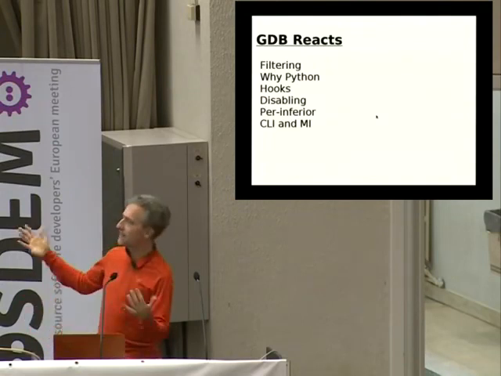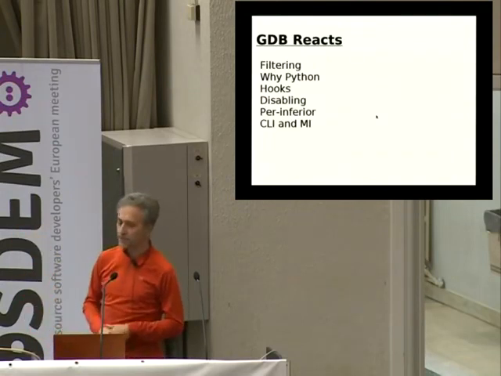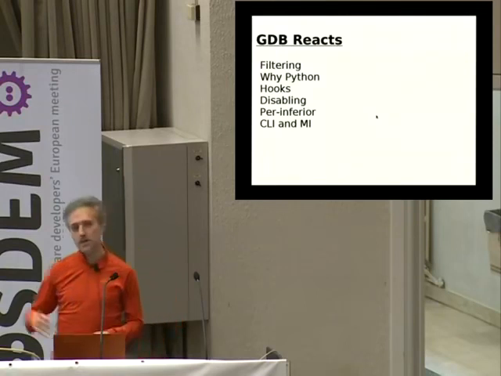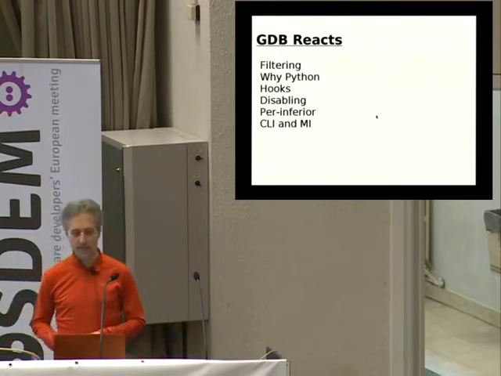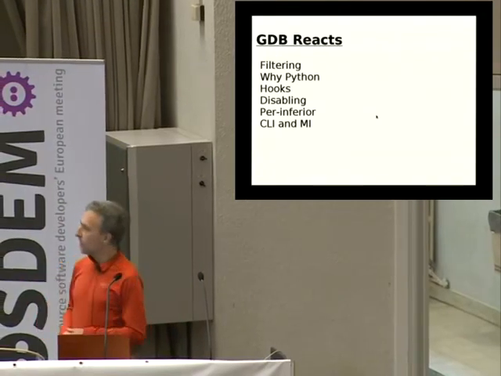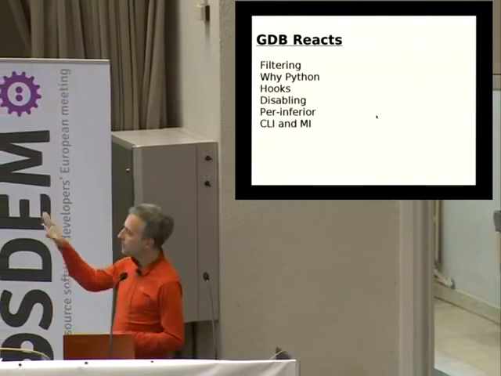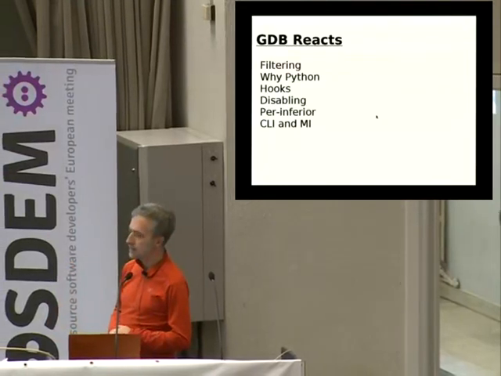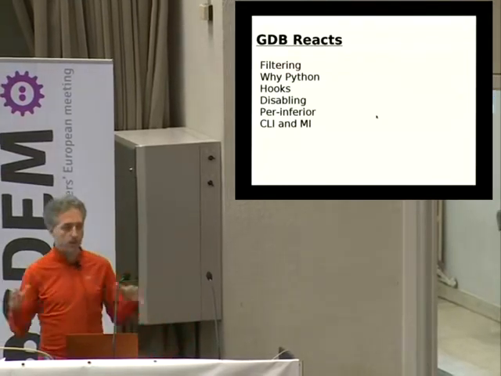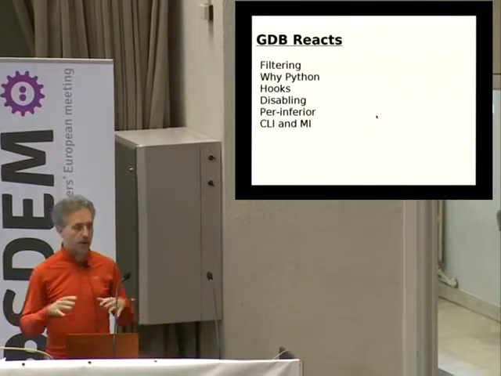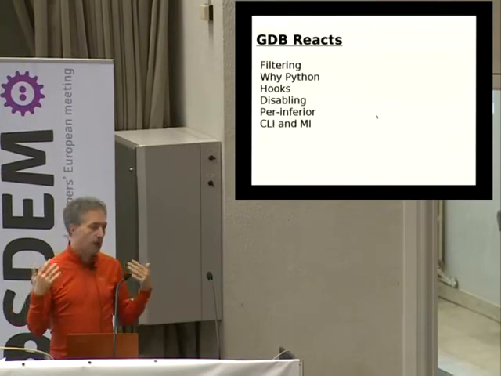So GDB reacts to your program. You guys keep writing bigger programs, crazier programs, and somehow insisting that you ought to be able to debug them. One thing we realized is that as your program gets bigger, debugging it gets harder. The bigger the program, the less of it you actually know.